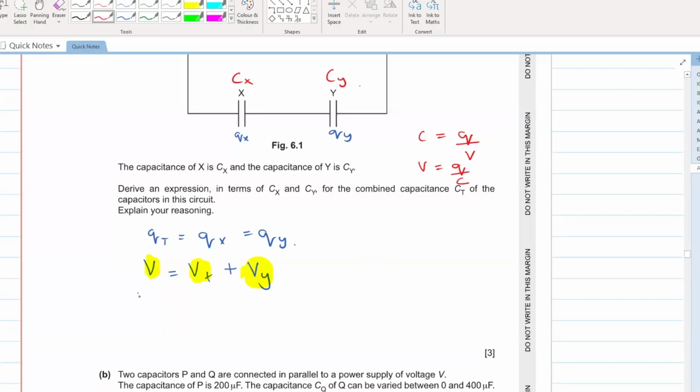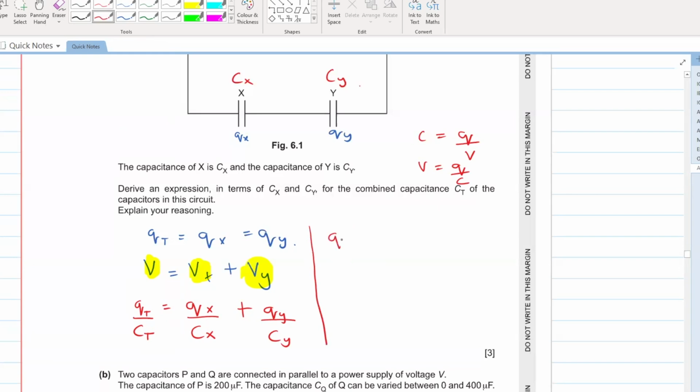What can you write here? The total voltage is equal to what? Charge at X divided by the capacitance at X. And instead of total voltage, what can you write? You can say the total charge divided by the total capacitance, plus the charge at Y divided by the capacitance Y. Can I take the charges as common?